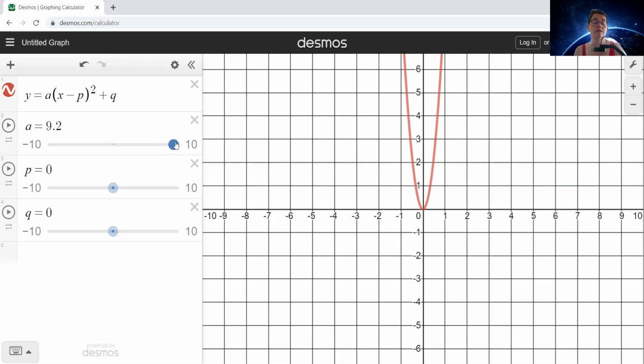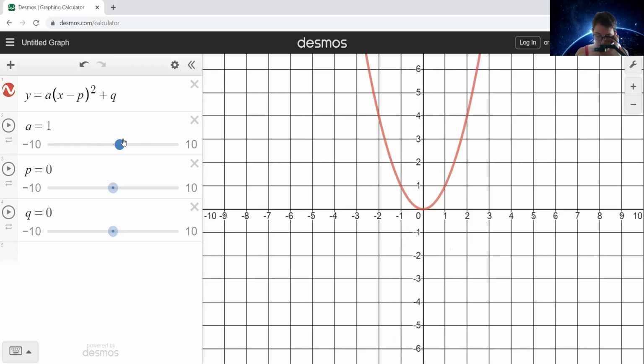Okay, so that's what you're writing down on yours. When a is positive, the parabola opens which way? Well, when a is positive, it opens up. And when it goes negative, it opens down. Okay, so let's put that back to 1 where it's supposed to be. That's our general one that we were going to mess around with.